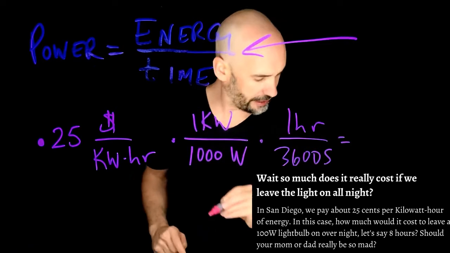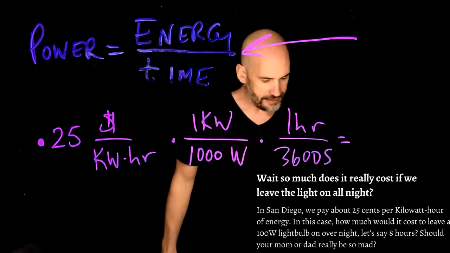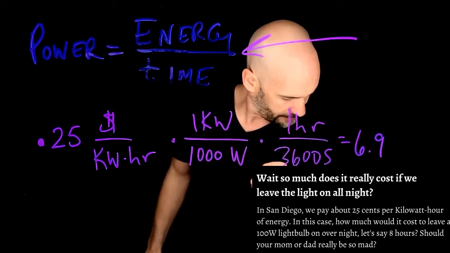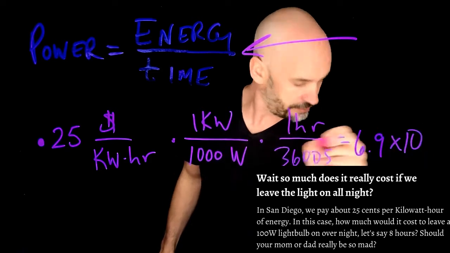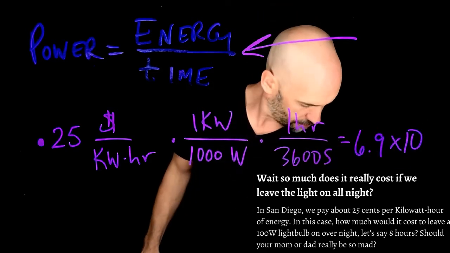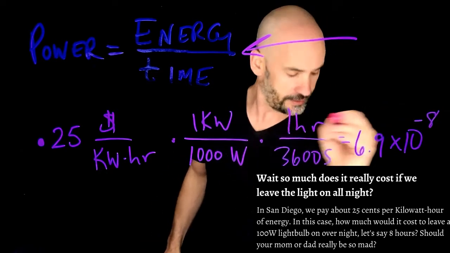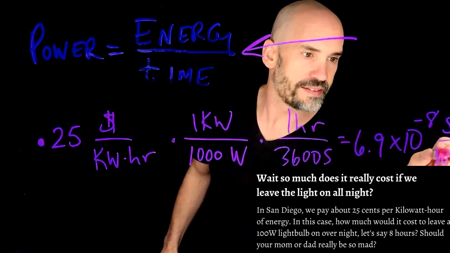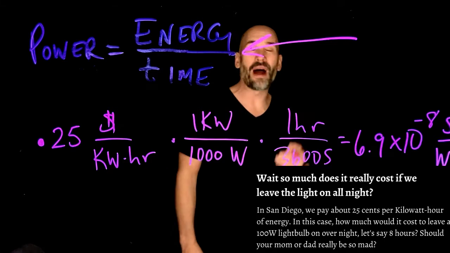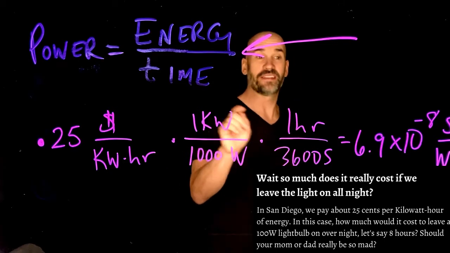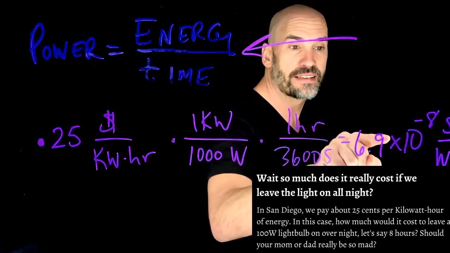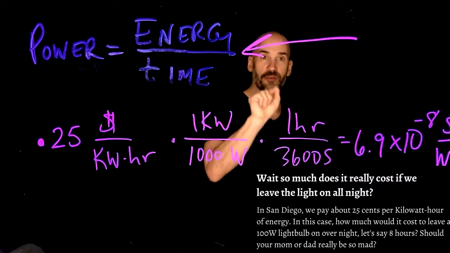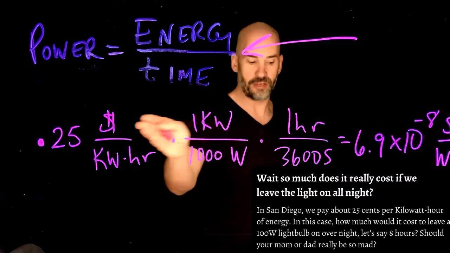And if I multiply those together, I get 6.9 times 10 to the negative 8 dollars per watt second. All right, I like watt second. A watt second is just a joule. So basically this is saying I pay 6.9 times 10 to the minus 8 dollars for every joule of energy that our house uses. Okay, you see what I did there?